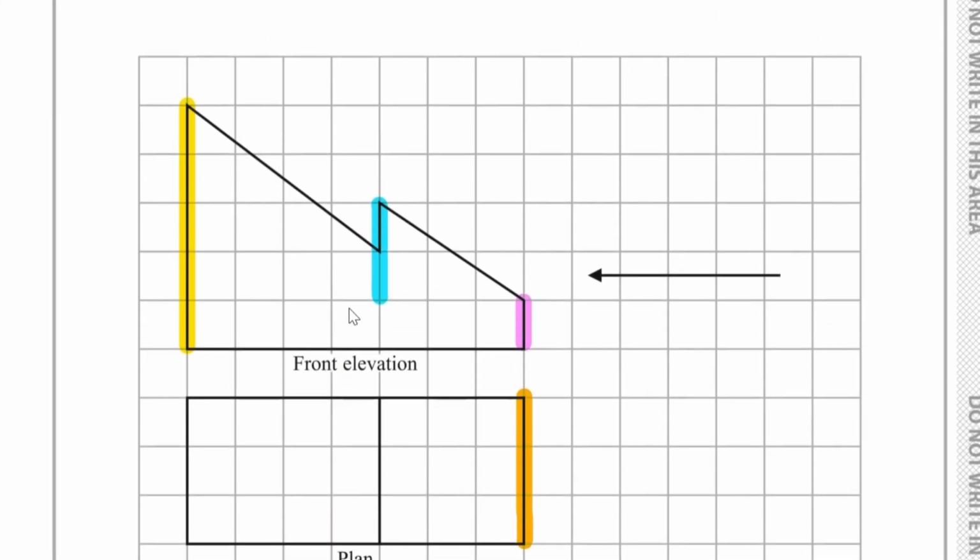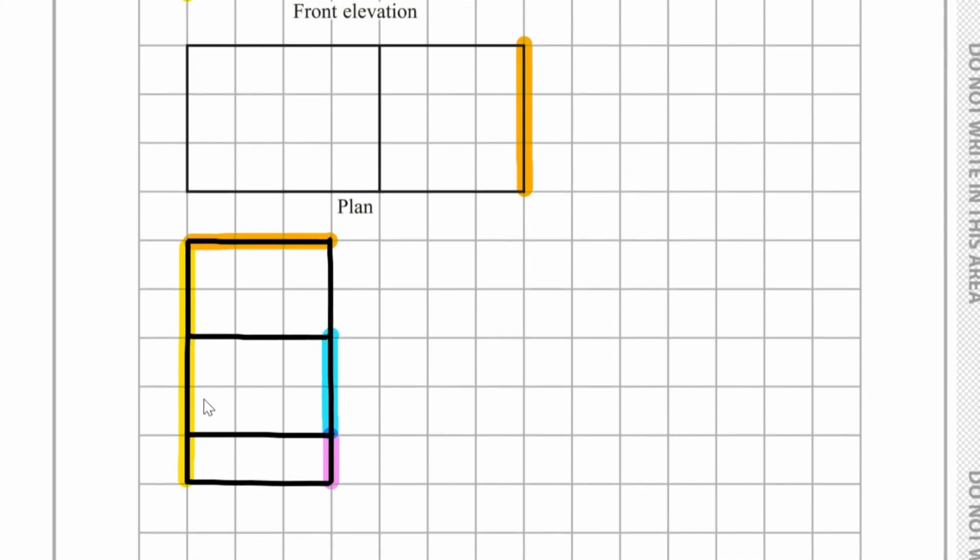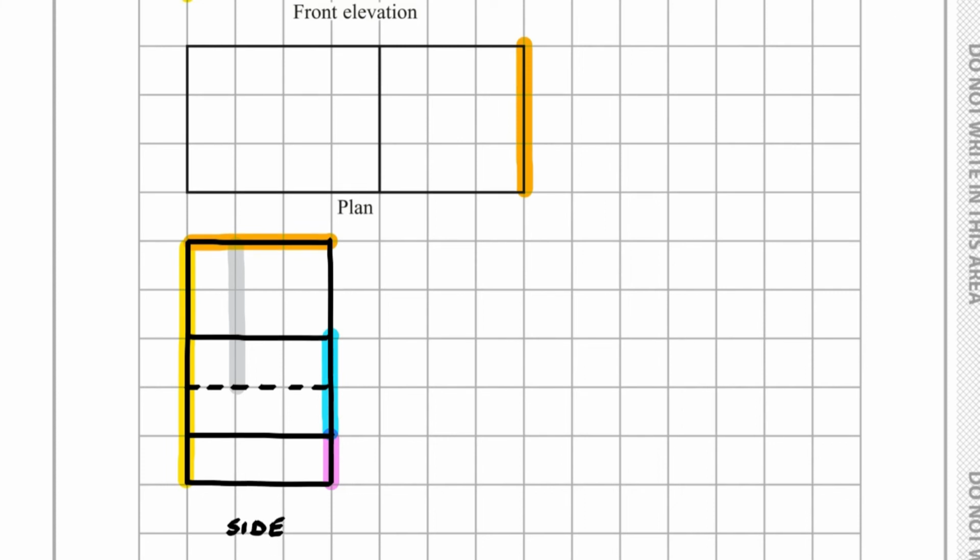And then we've also got this bit which takes us up to here, and we can show that bit that dips inwards by using a dashed line like so. And that is 3 squares down. And so what we see over here is the side elevation. So here is our side elevation.